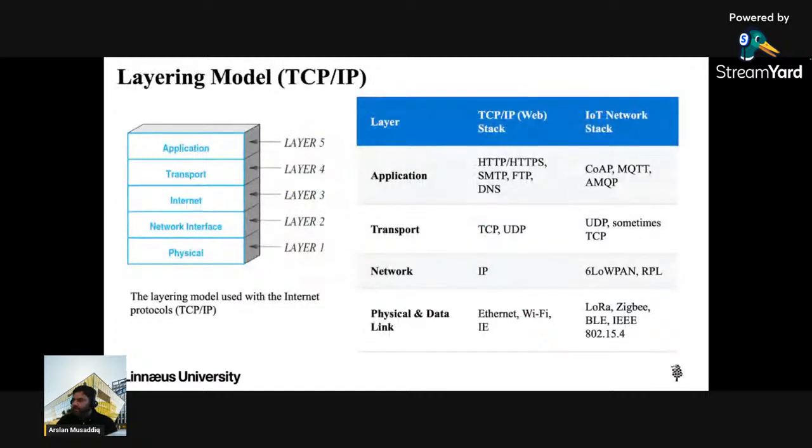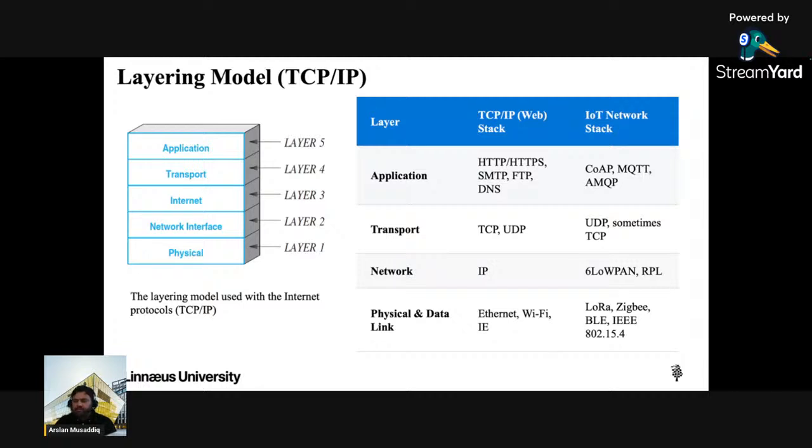Layering model, TCP/IP. I added this information here because to understand how IoT devices communicate, we need to discuss the TCP/IP network stack and its layers. What is TCP/IP? It stands for Transmission Control Protocol slash Internet Protocol.